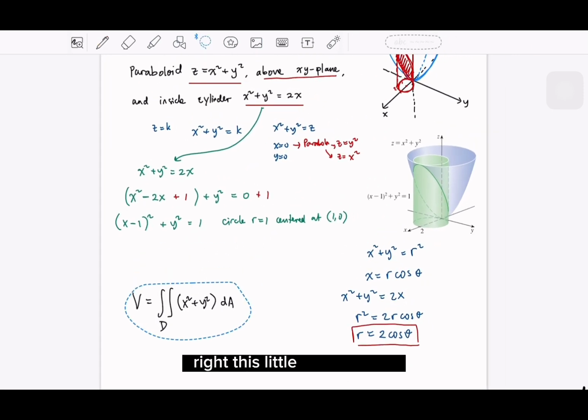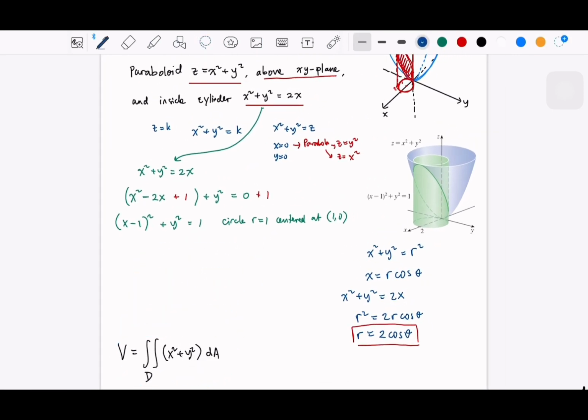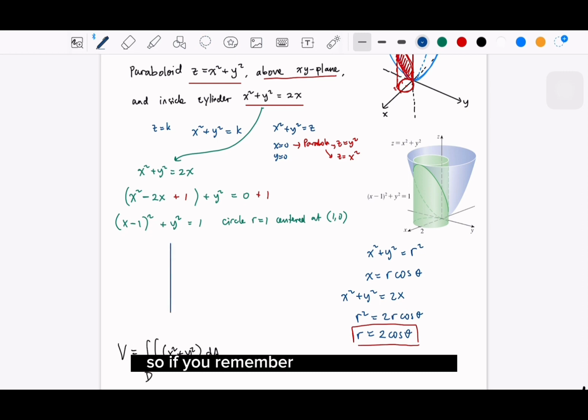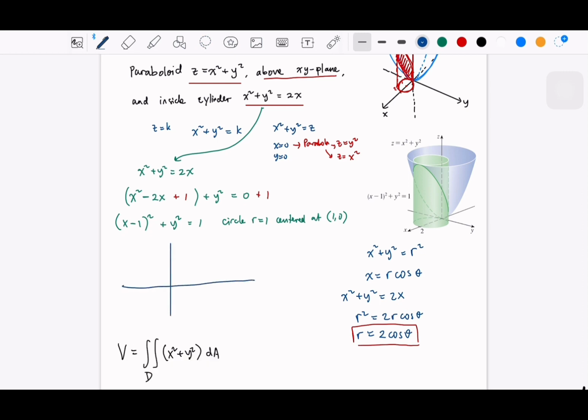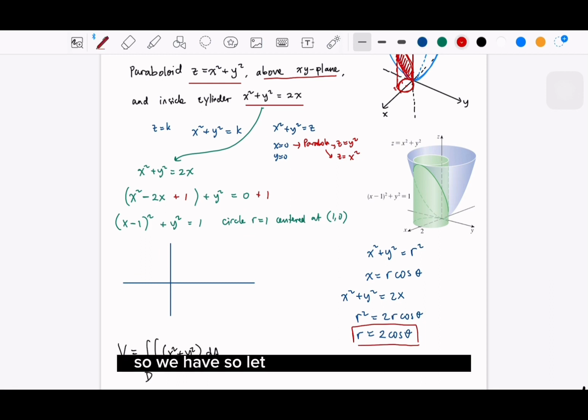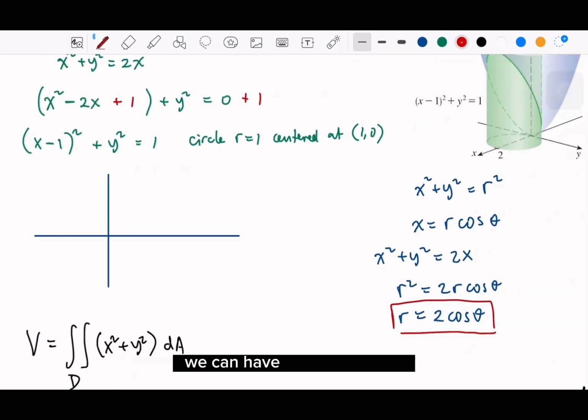Let me write this on the bottom there. So if you remember the cosine theta, let me just review a little bit. We can have a circle here, right?